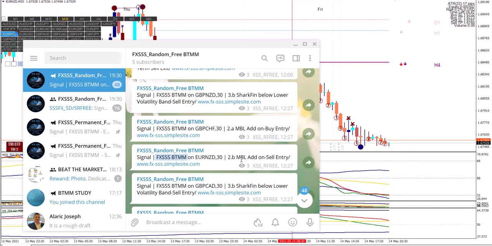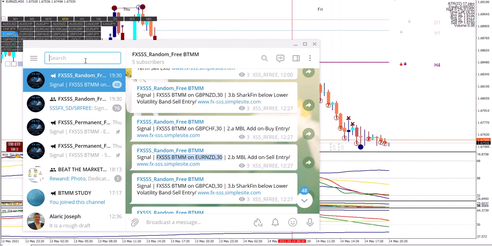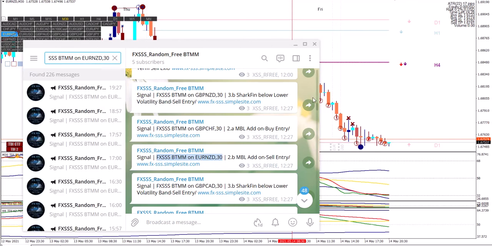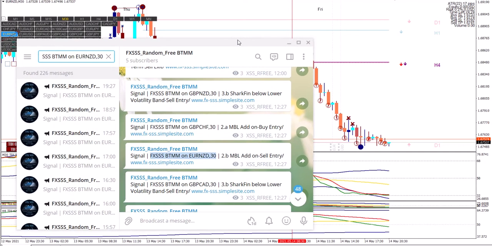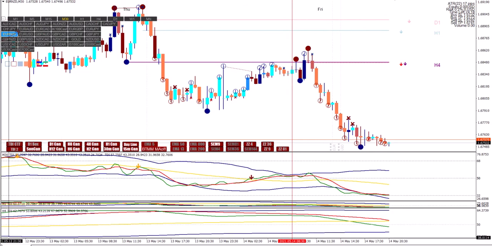Well, I haven't been on this here. So here it is. Here's the MBL. Let's see if we can find the blood in the water. Let's just copy, paste. And let's see if we can find this blood in the water round about, what time was it? 11:30. See if we can find it.